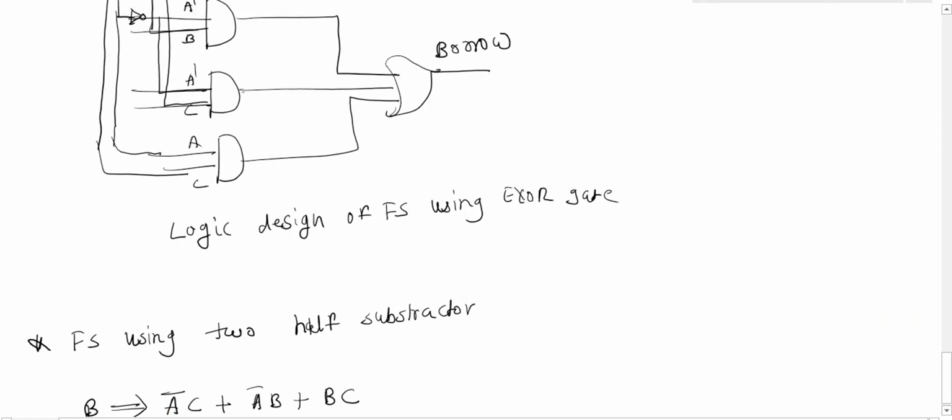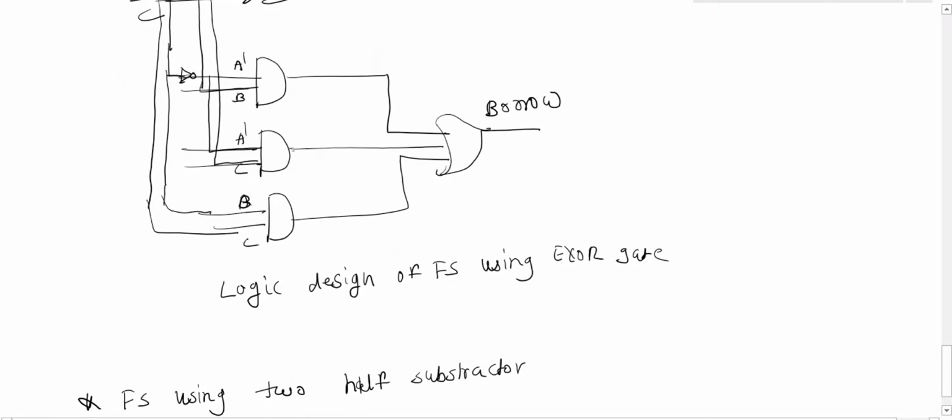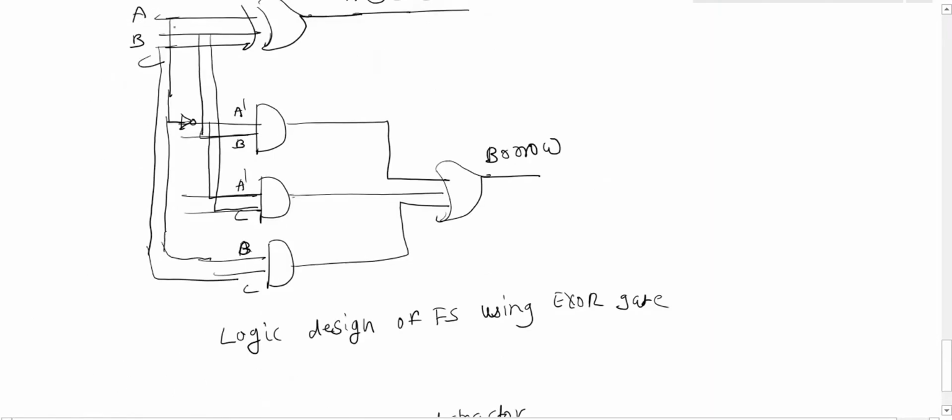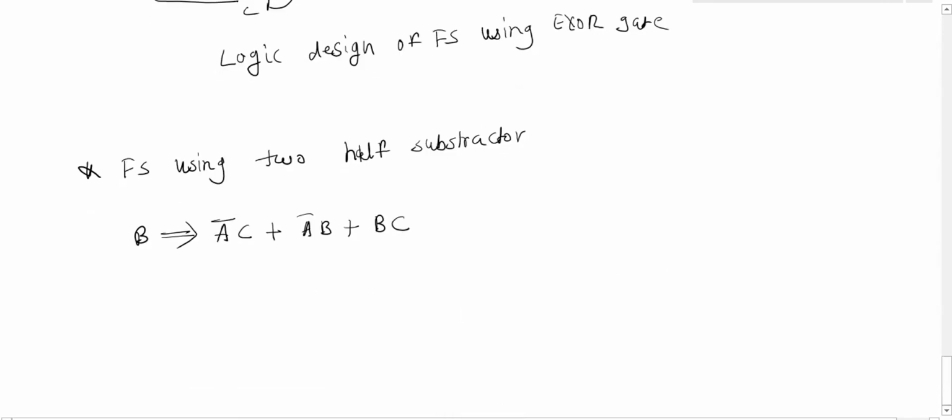Here it is BC, it is not AC. Now we'll try to minimize the borrow expression.